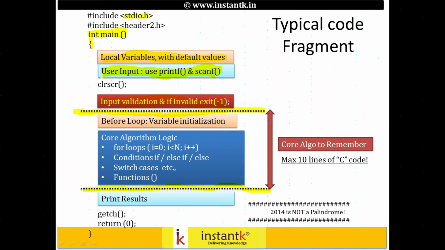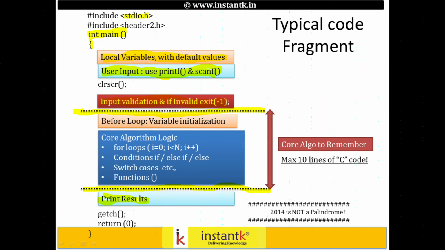So after the algo, you will just print the results, then test it and get out. Here you should make a clear understanding that this local variable, using the user input, printf, scanf, and validation checking, you should do on your own. And the printing of results you should also be comfortable with.